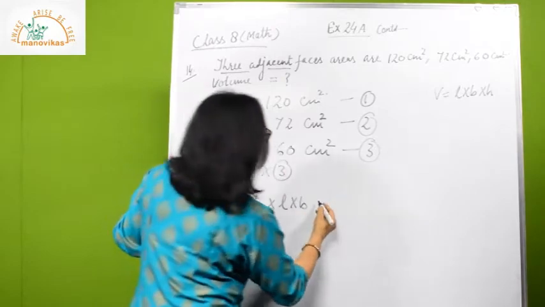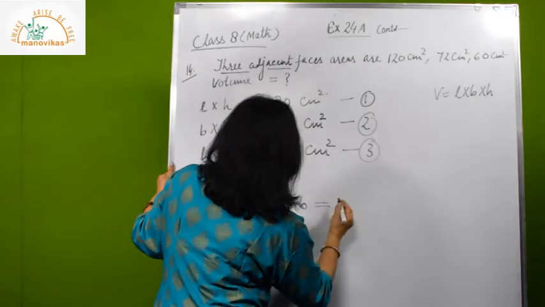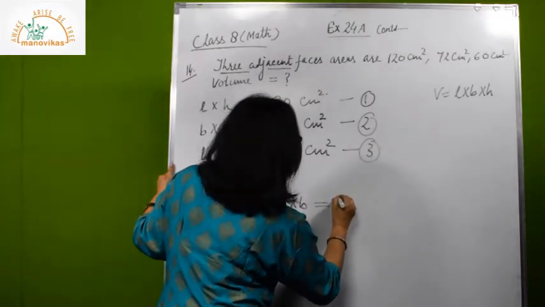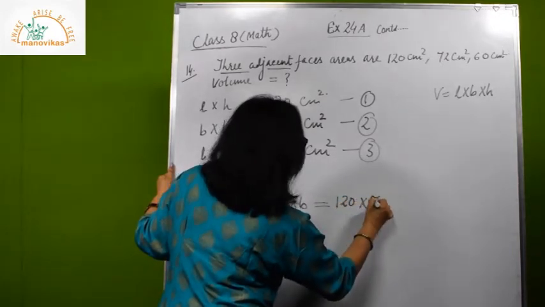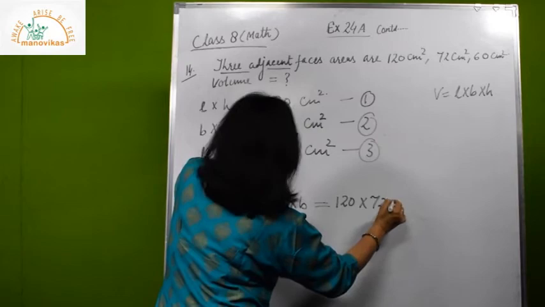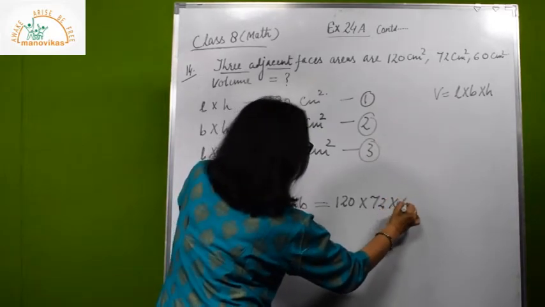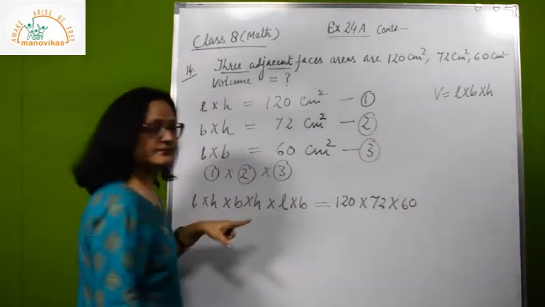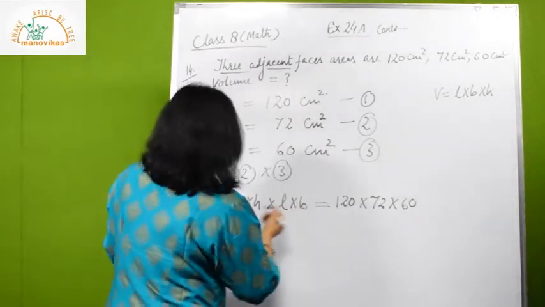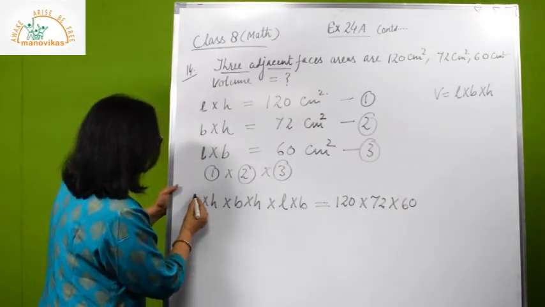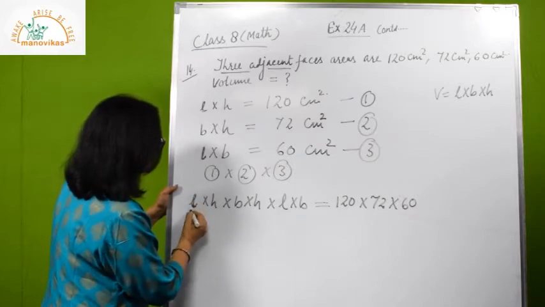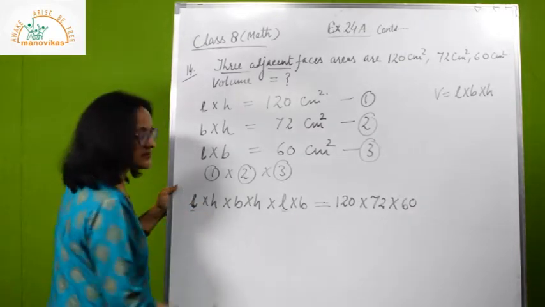Alright. Now we will multiply the right hand side. So right hand side are 120 into 72, second equation, and third equation is 60. Okay. Now again you simplify this. If we simplify, you can see length is here and length is here.